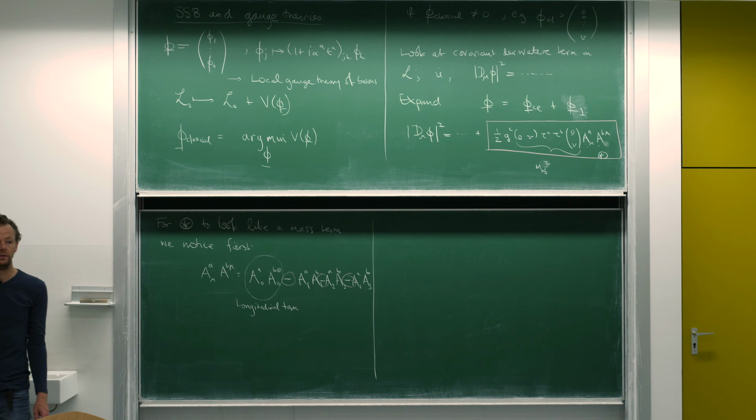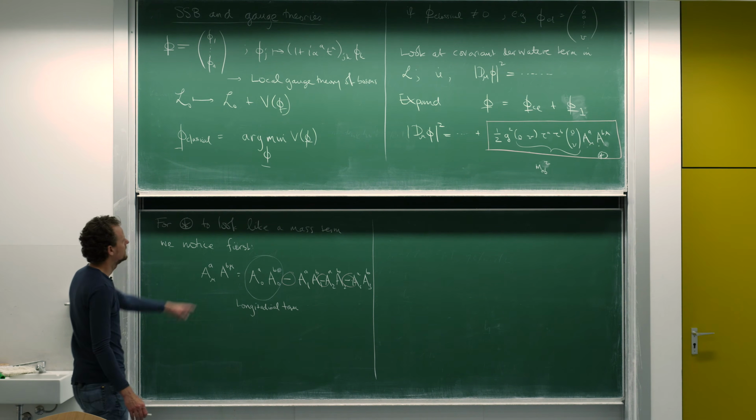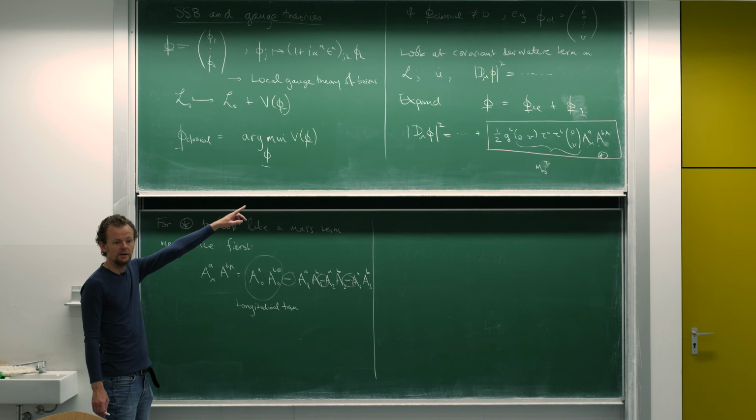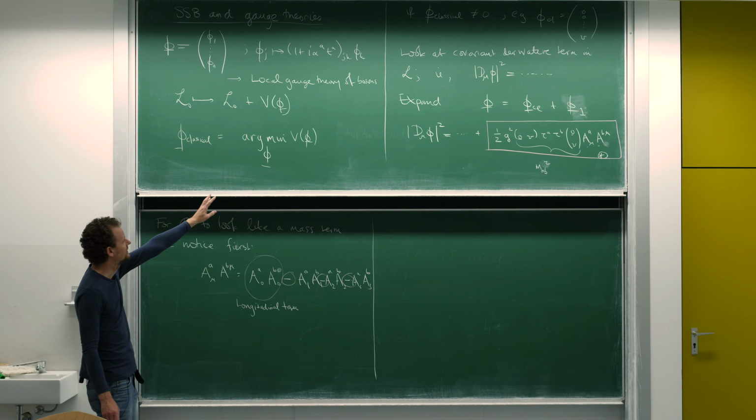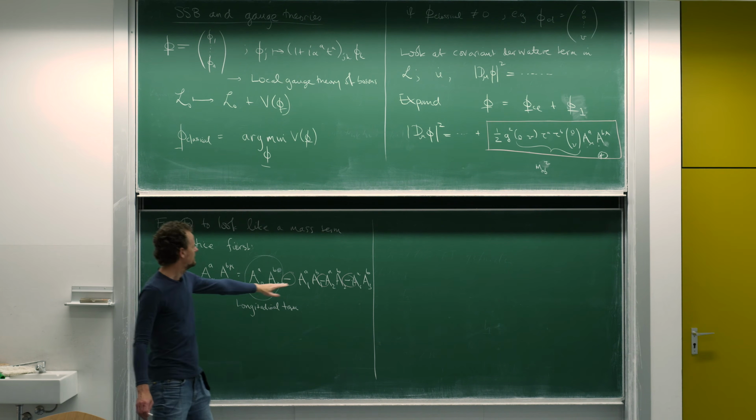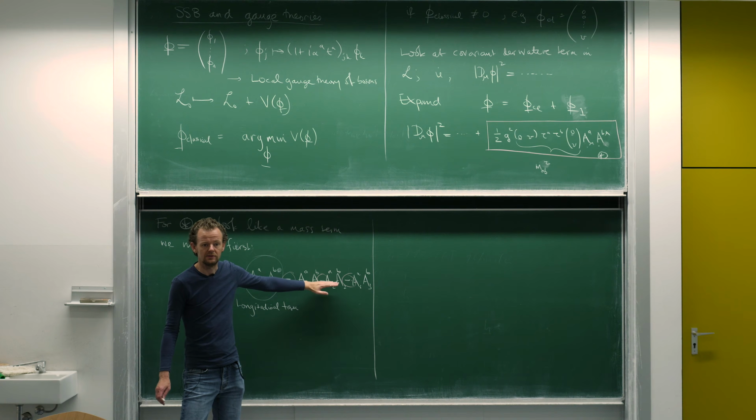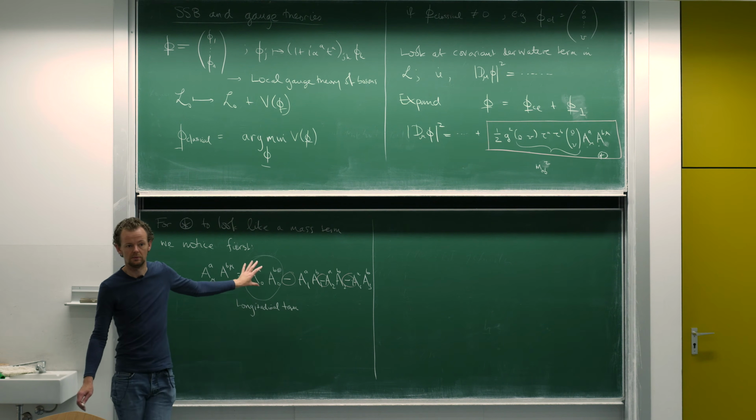But it turns out we know how to eliminate this longitudinal term in the Lagrangian here. If the degrees of freedom of this theory are such that these gauge bosons are always transverse to the direction of momenta, then this term plays no role.